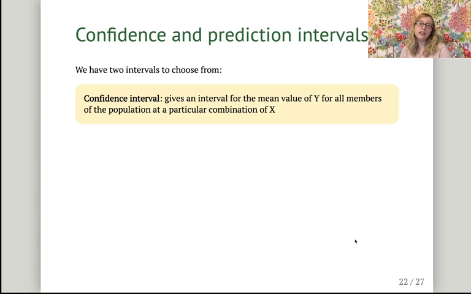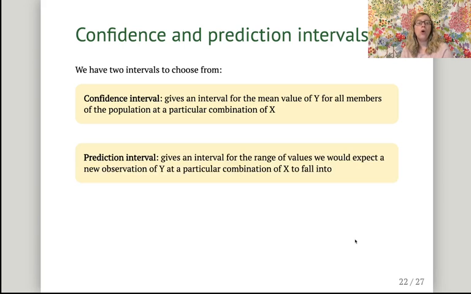So we can calculate either a confidence interval, which just gives an interval for the mean value for all members of the population at a particular combination or level of X. Or we could find a prediction interval. So what the prediction interval does is create a range of values where we would expect a new observation to fall.